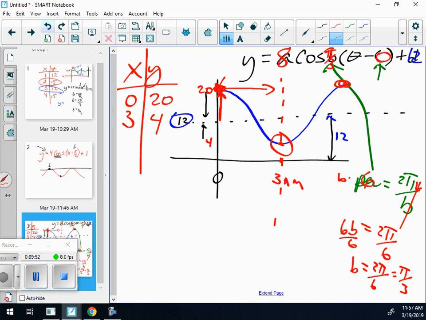It means that's about 1. Think about it. Isn't 3.14 divided by 3 pretty much 1? Pretty much 3 divided by 3, right? Okay, so that means that this doesn't have very much of a horizontal stretch or shrink. It's only pretty much a 1 in there.